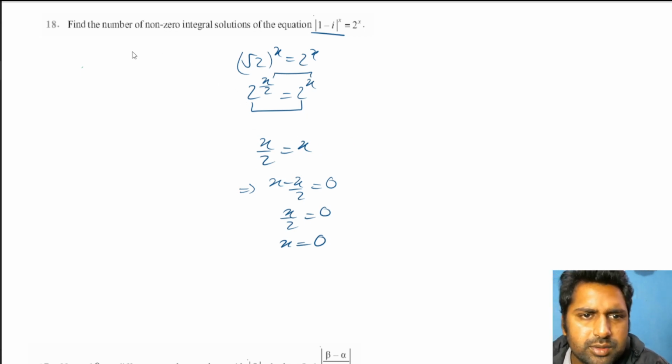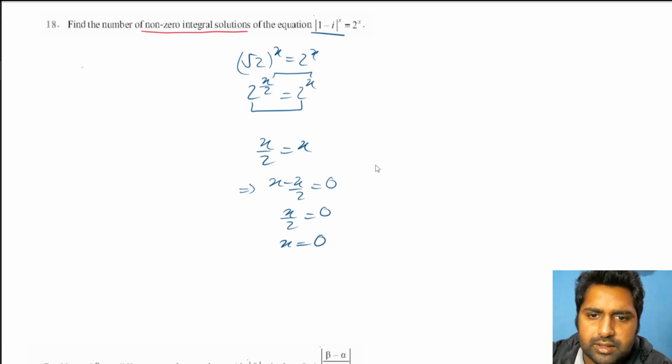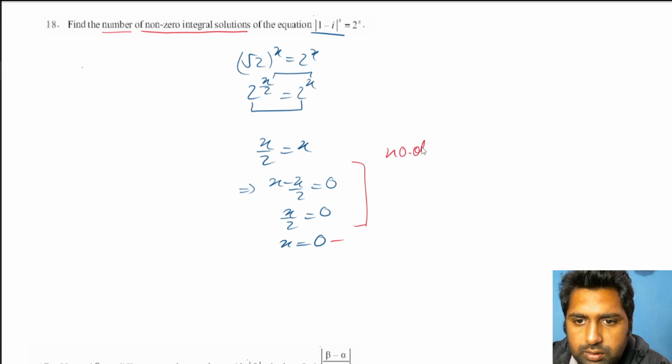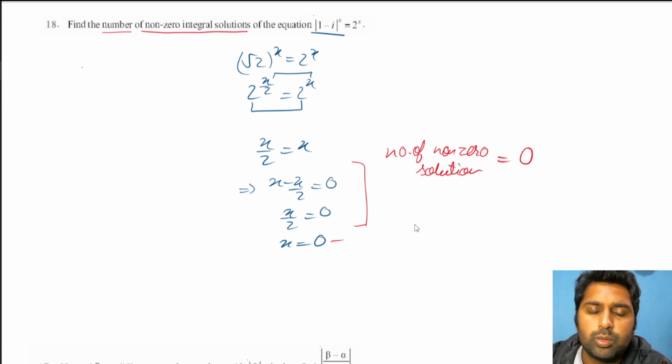Let's see what the question is saying. The question says find the non-zero integral solution. We cannot find that. He's not even asking us for the solution, he's saying find the number of non-zero solutions. How many non-zero solutions are there? I have one solution, that is 0. So the number of non-zero solutions is 0.